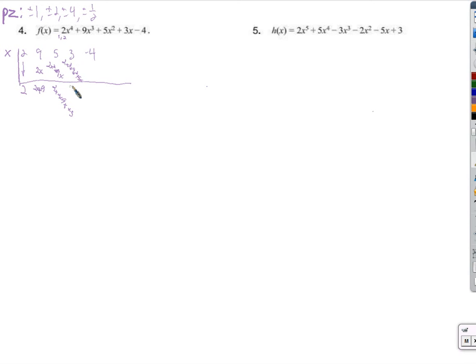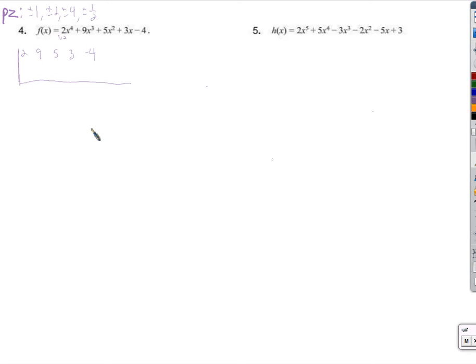And then I add these together, I get 2x cubed plus 9x squared plus 5x plus 3. And you can see what's happening. Every time I multiply by this x, I am effectively getting x to the fourth, x to the third, x to the second. So that's kind of a quick explanation of why this synthetic division, substitution thing works.